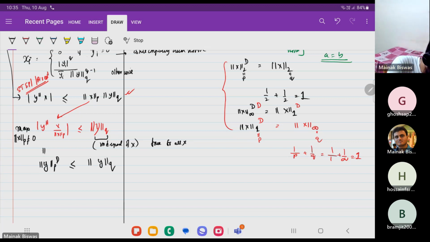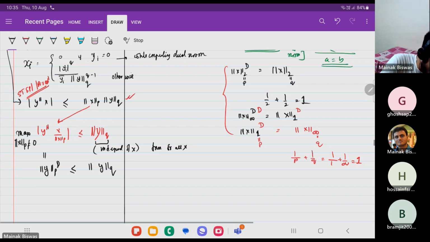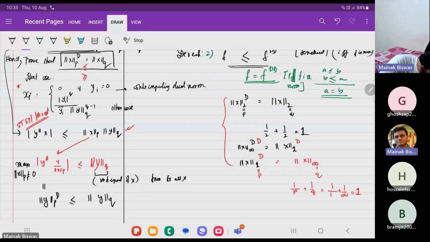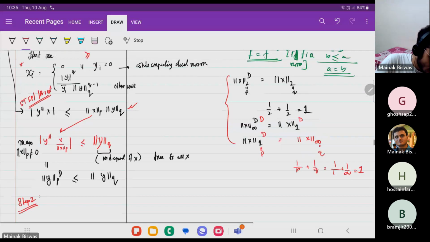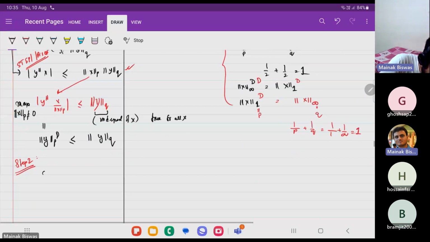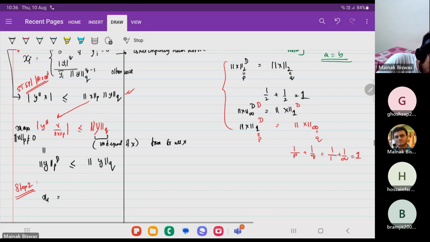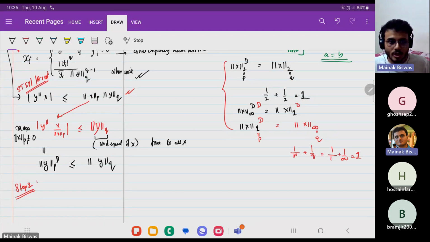And for the second part, I will not do this part totally, but I'll give you the hint since it's an assignment question. Step 2 is your x_i is equal to... So I will give you the hint. I have already given you what you need to take to show that.